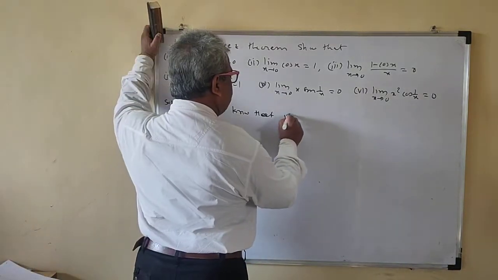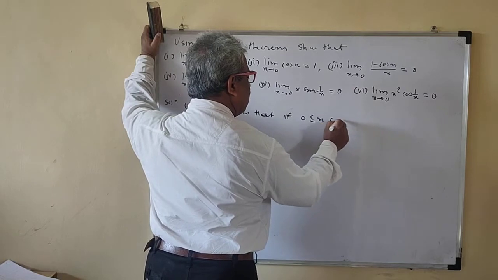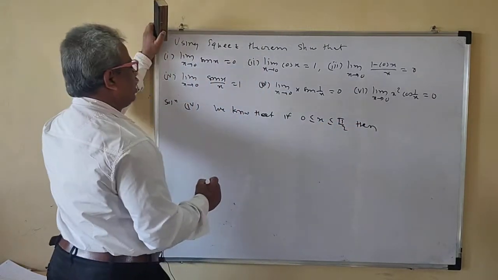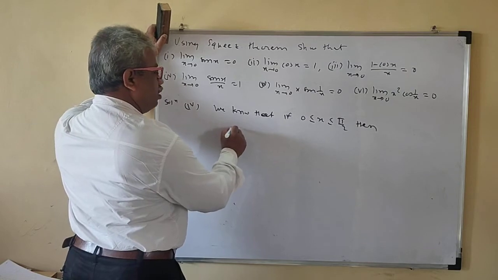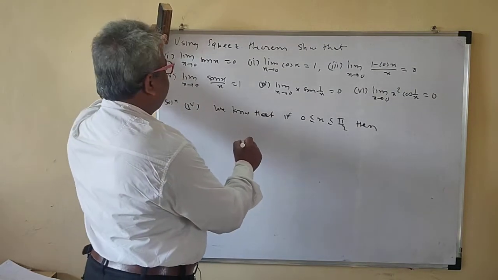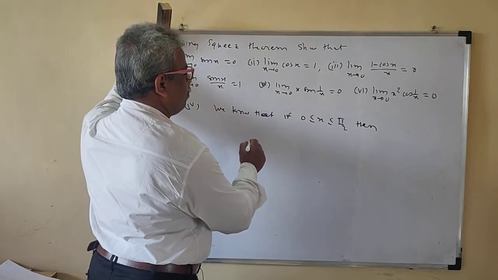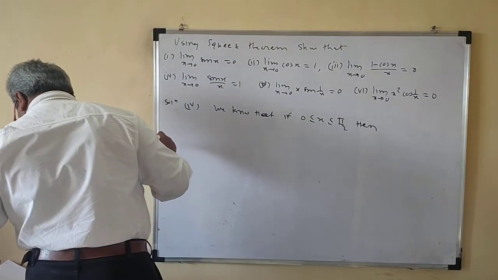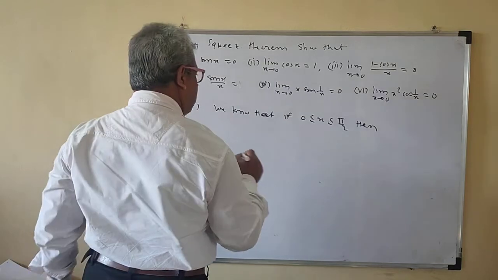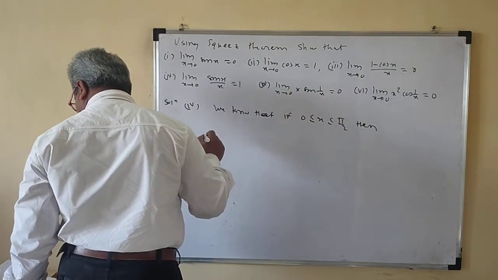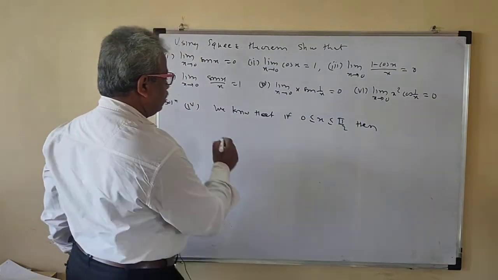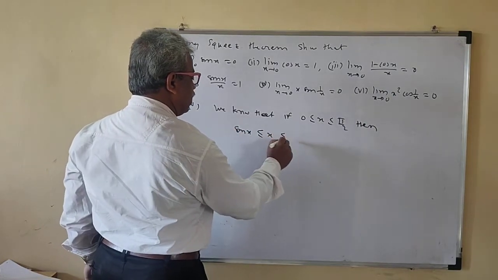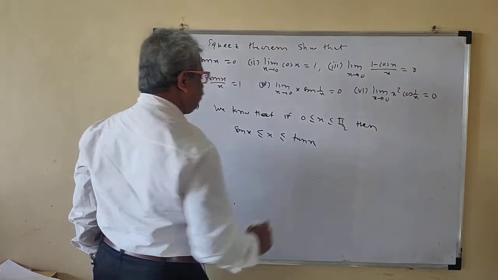We know that if 0 is less than x less than pi by 2, then sin x is less than or equal to x, which is less than or equal to tan x.